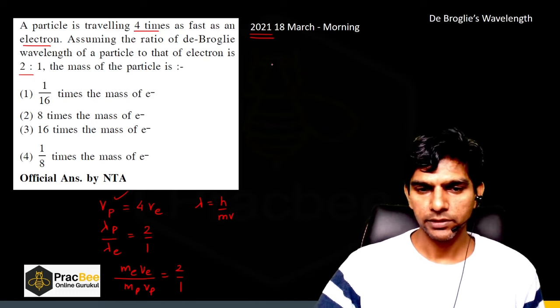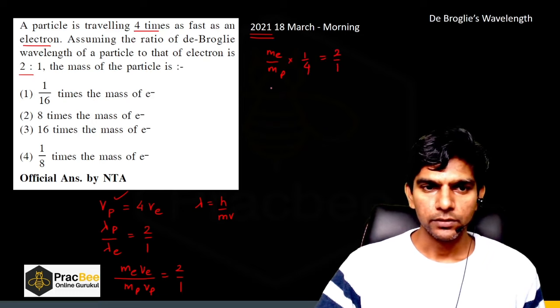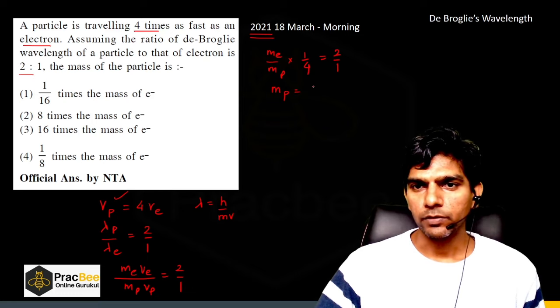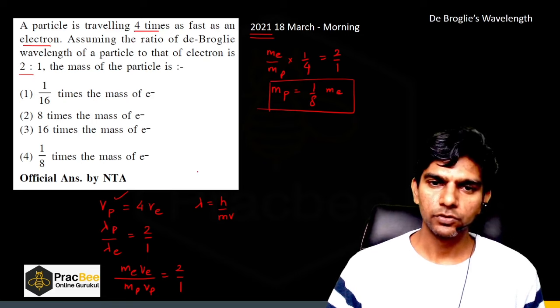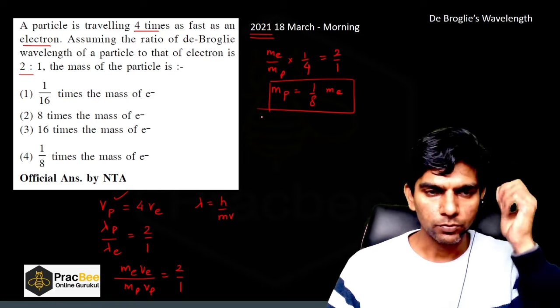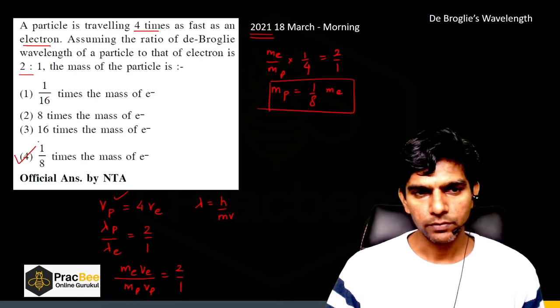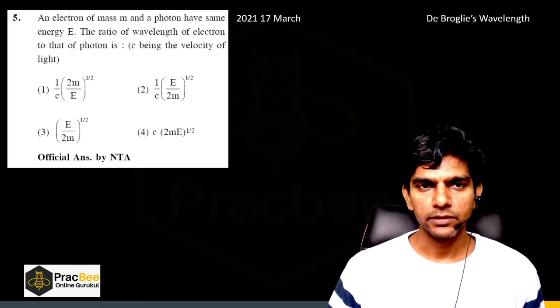So this can be written as me upon mp times 1/4 equals 2/1. So mass of the particle will be 1/8 of mass of electron. Right? So do remember this. So if you compare our answer with the options given, it will be option 4. Right. So now let us see another question.